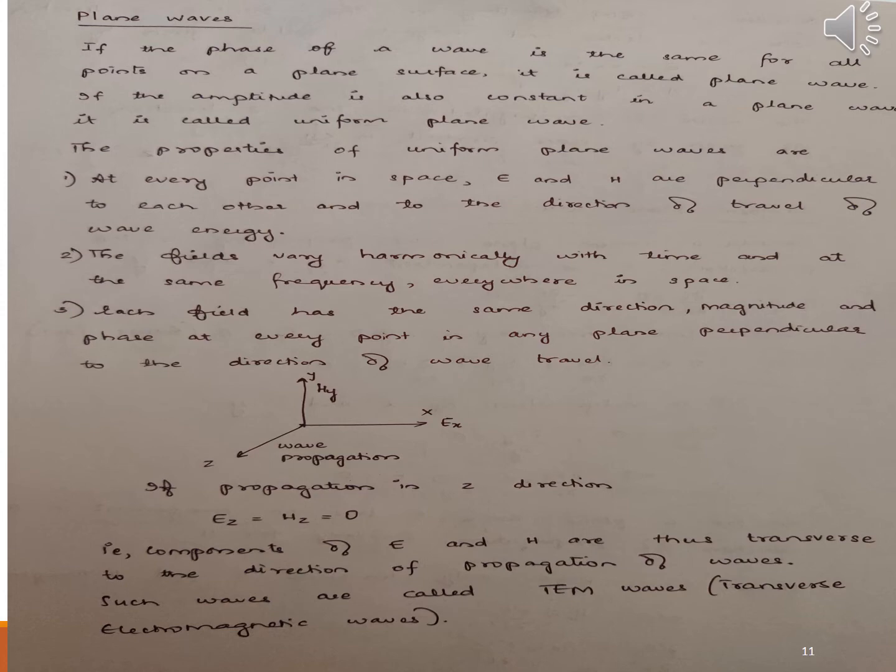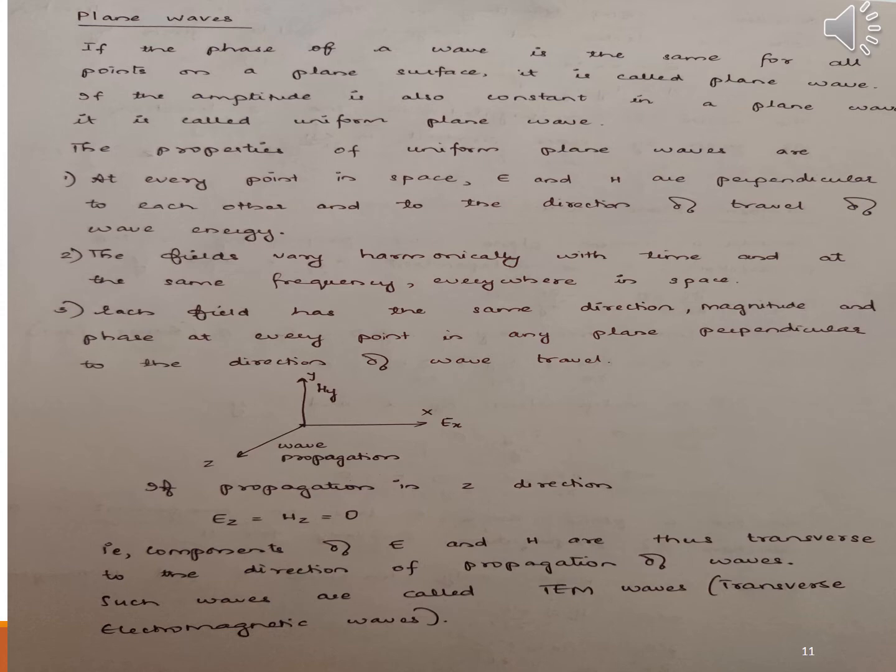The first property is that at every point in space, E and H, that is the electric field and the magnetic field, are perpendicular to each other and to the direction of travel of the wave energy.